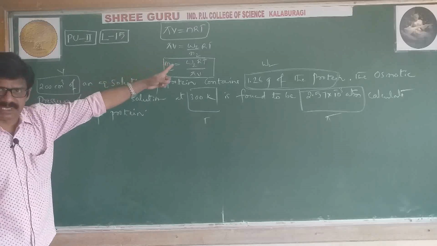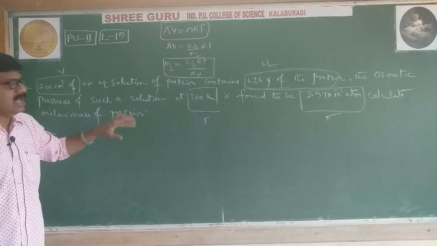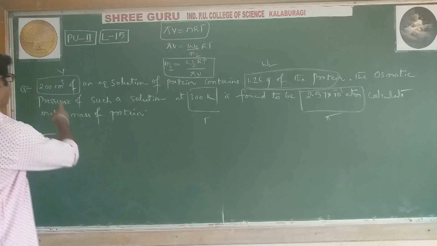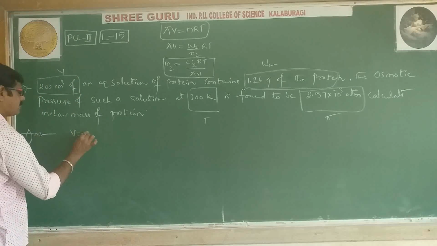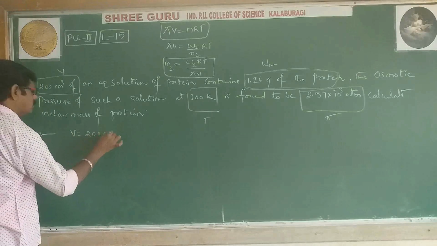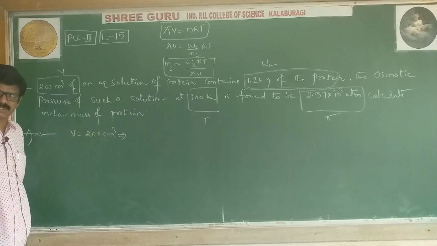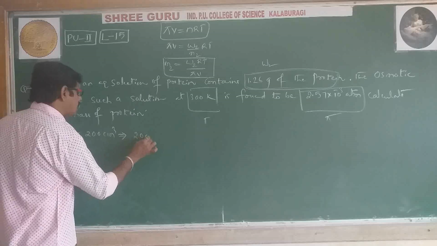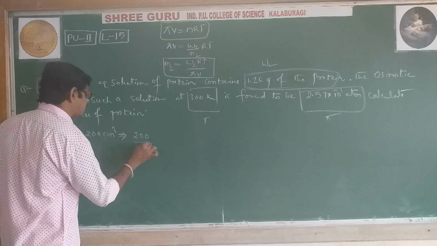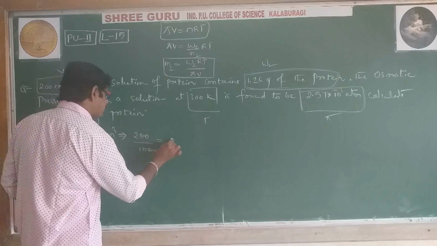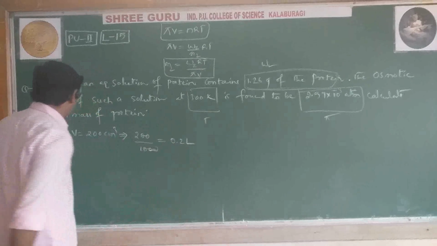We will copy this formula here as it is, but before that, I will write the given data. Volume is 200 centimeter cube, but we must convert it into liters by dividing by 1000. 200 divided by 1000, the two zeros cancel, so 0.2 liters is the volume.